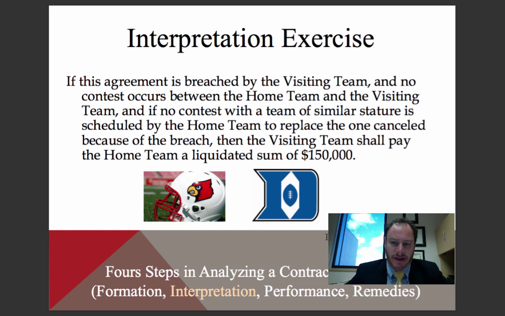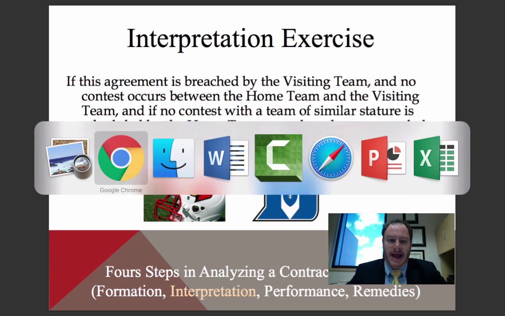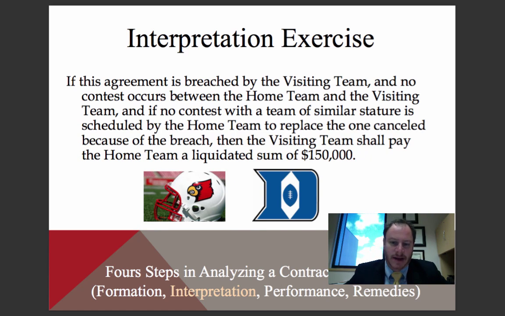Long story short, it said that if one team canceled the contract and the other team could not reschedule that contest with a team of similar stature, then the one who canceled it, who violated the contract, would pay the non-breaching party, the home team, a liquidated damages amount of $150,000.